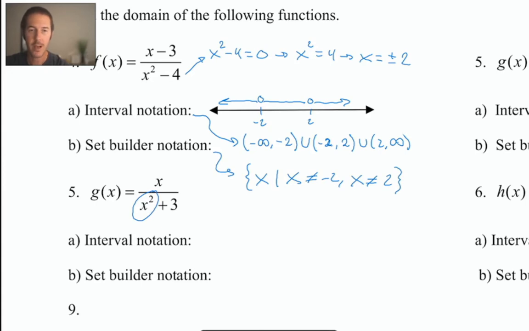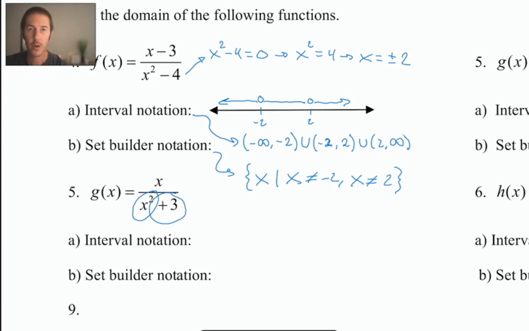So we've got a non-negative number plus 3. That 3 is definitely going to push us into the positives. In other words, x squared plus 3 will always be greater than 0. So there's no danger of division by 0.